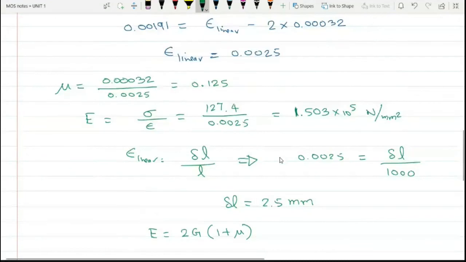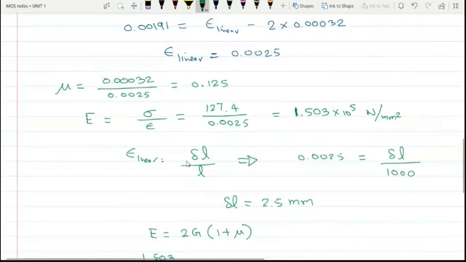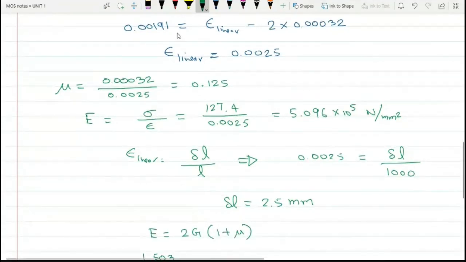E is already identified, which is 5.09 into 10 power 4, yes, 10 power 4. Okay, thank you.